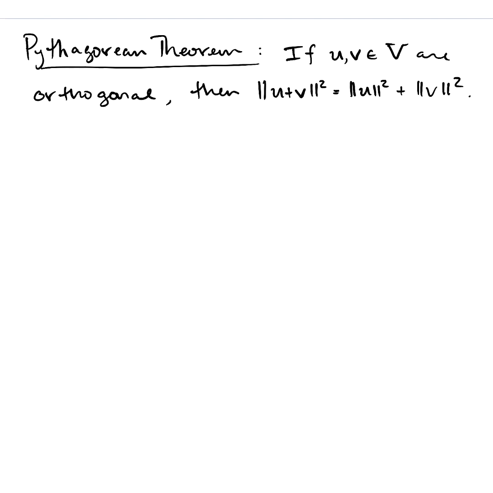Now, there's a strong visual here before we get to the proof. Here's the visual for the Pythagorean theorem. It comes from thinking about it in an R2 sense. Okay, so say you had this as your vector u, and say you had this as your vector v.